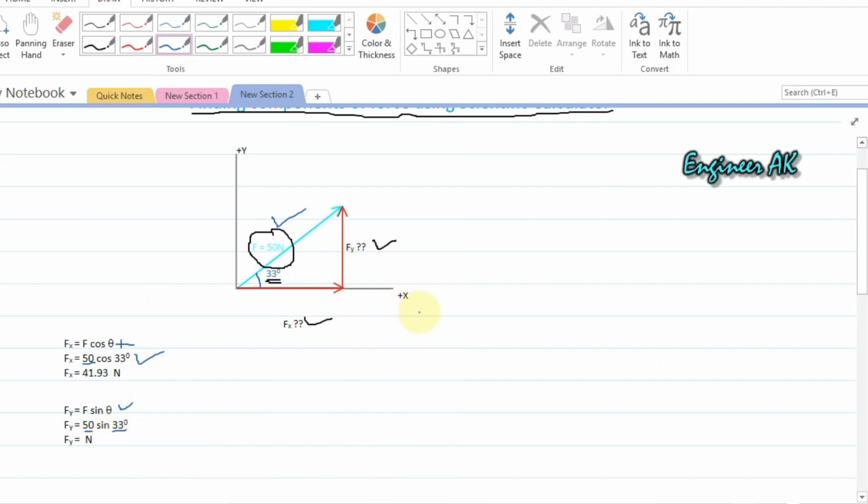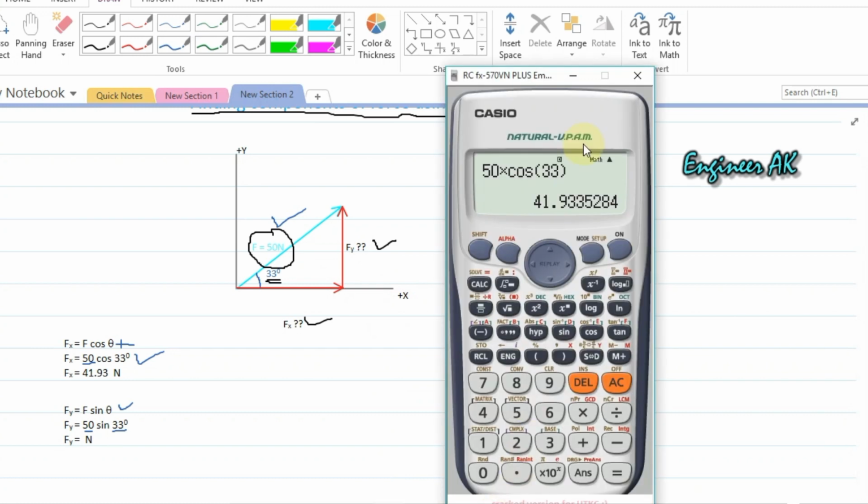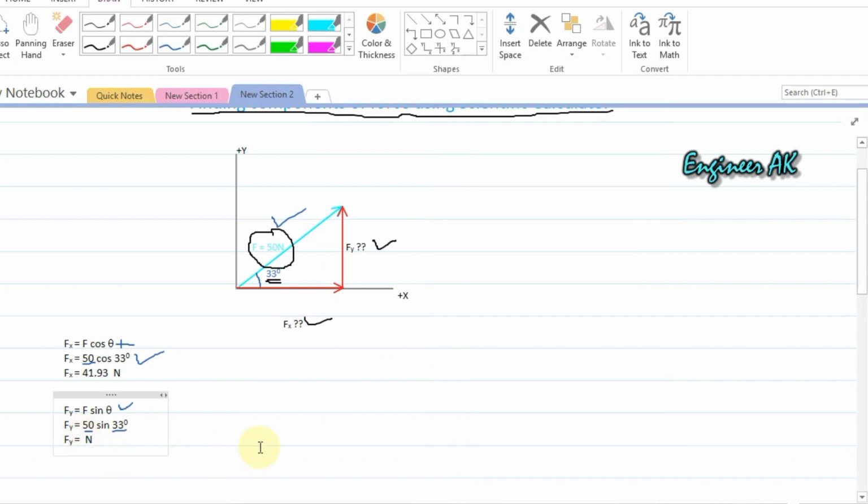So let's again plug in the values: 50 multiplied by sine 33 degree, so I get 27.23.